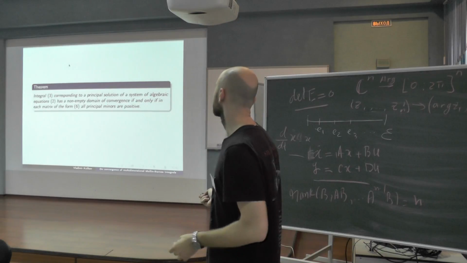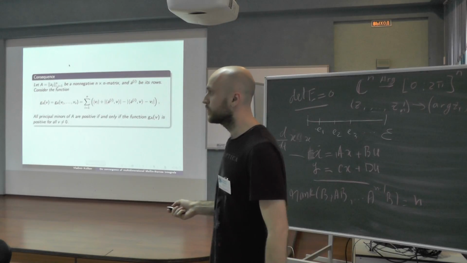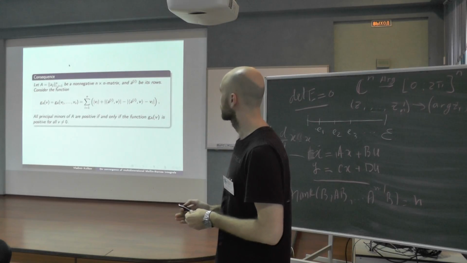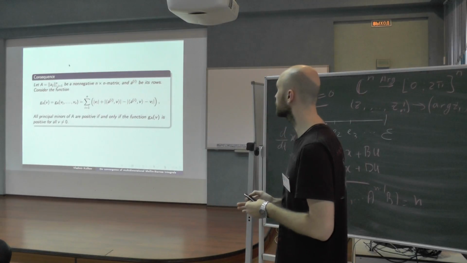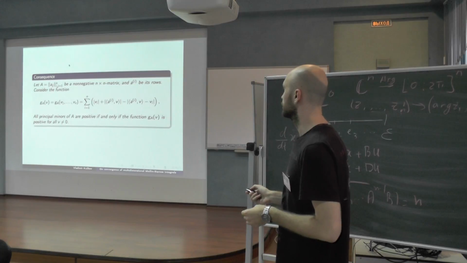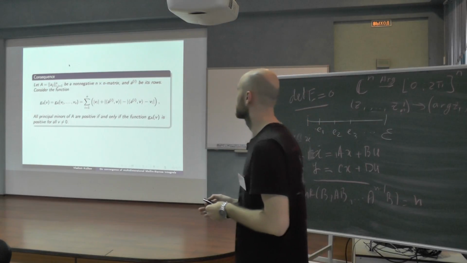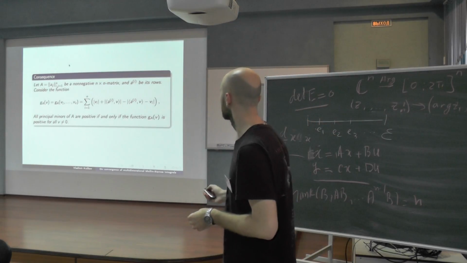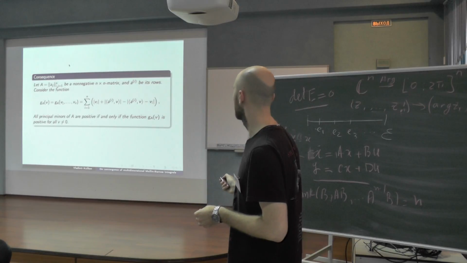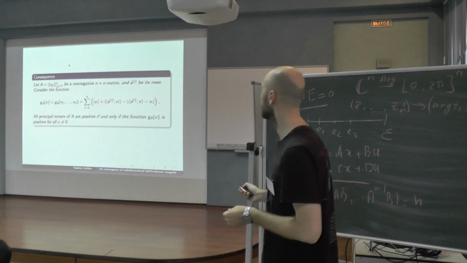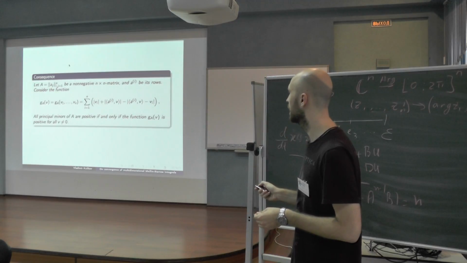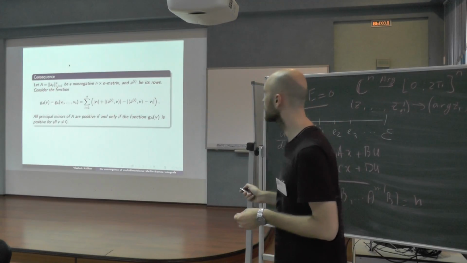And moreover, we have a consequence from linear algebra. Let A be a non-negative n times n matrix and a1, ..., an its rows. Consider the function G A of this form.